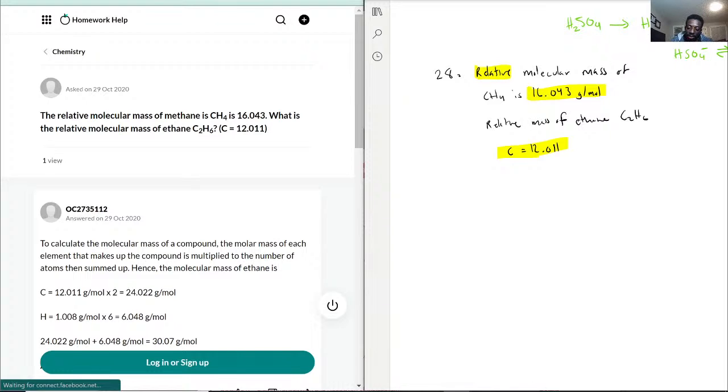Because we have 1 carbon and 4 hydrogens, and we know carbon is 12.011, but 4 hydrogens is equal to 4x. So that's 12.011 plus 4x is equal to 16.043.